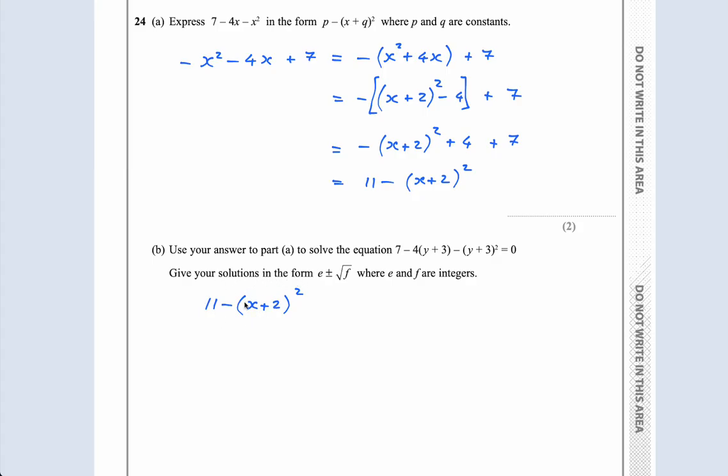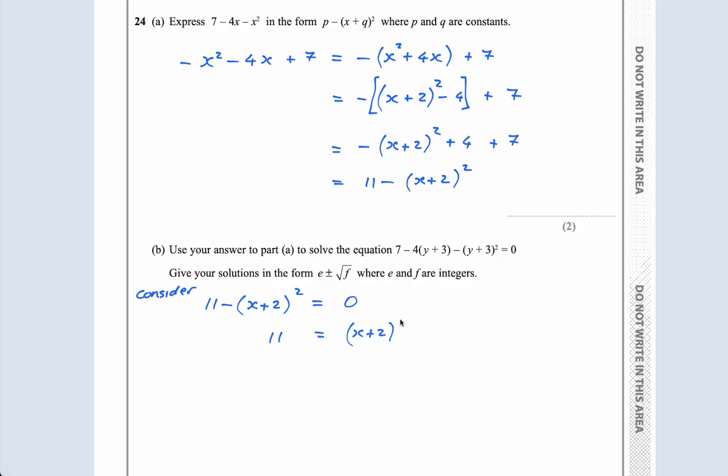So I'm going to solve this. I'm going to say this equals 0. I'm going to solve this equation first, because he says use your answer to part A to solve this equation. I'm going to write consider, just to be technical, consider this equals 0. Solving this, I'm going to add my (x plus 2) squared to the other side.